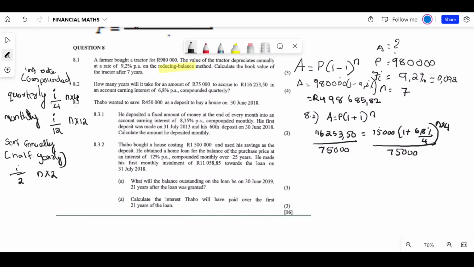Okay, then this gets cancelled. Here you leave it like this. As I told you, in financial maths accuracy is very important, so after dividing, what is remaining here is 1 plus 6.8% divided by 4 to the power n.